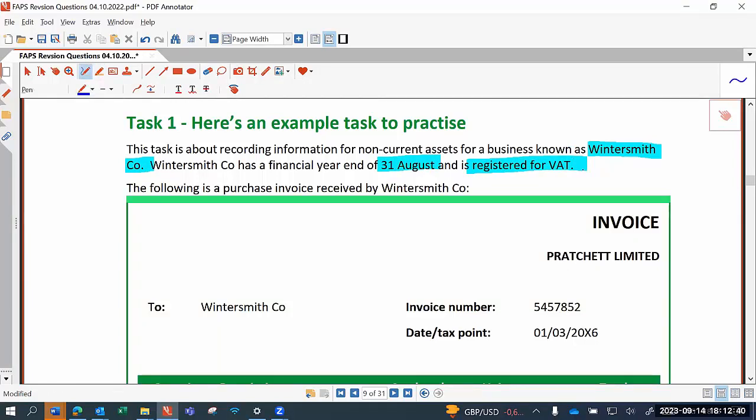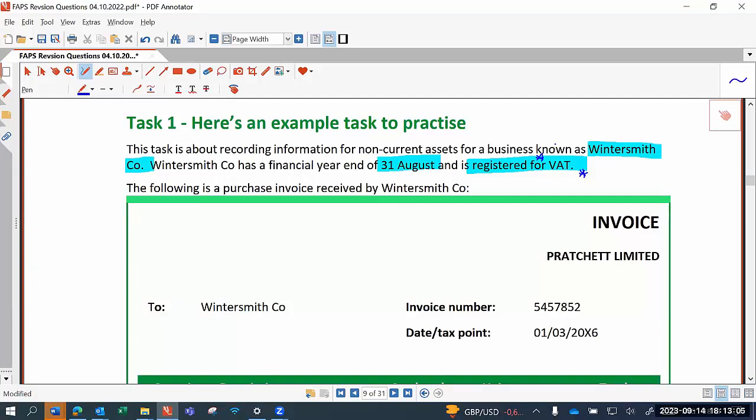One of the key things that I'm always looking for within this task is whether my business is VAT registered or not. This business is registered for VAT, which would mean if they buy an asset, the cost of that asset to them is the net price rather than the gross, because they will reclaim the VAT on all their purchases. If they sell something, they don't get to keep the gross proceeds.